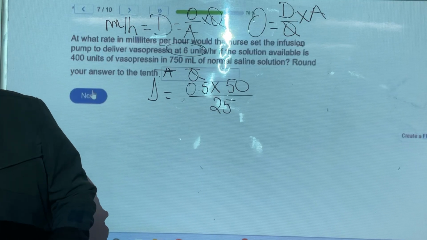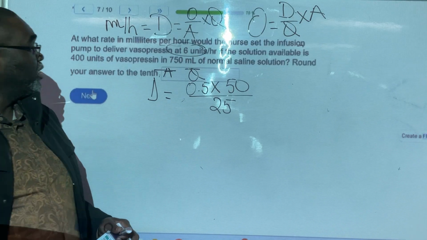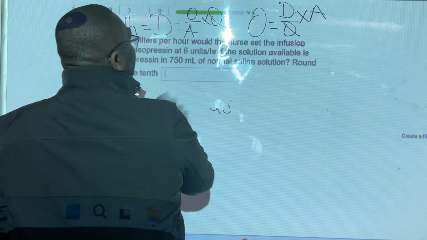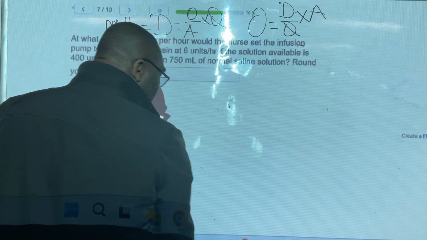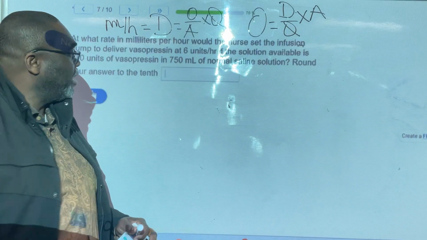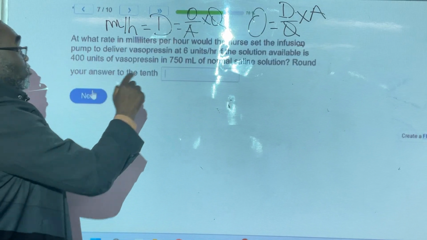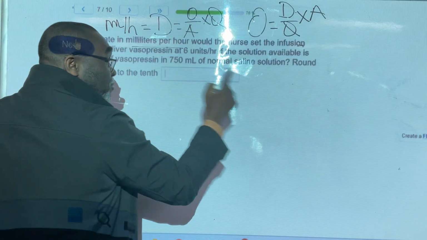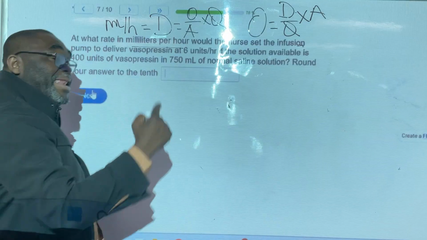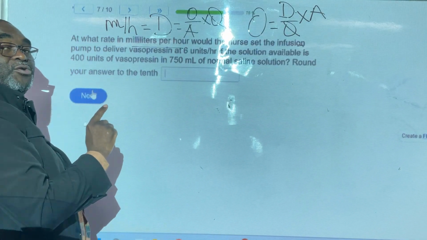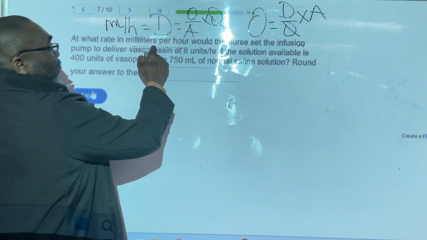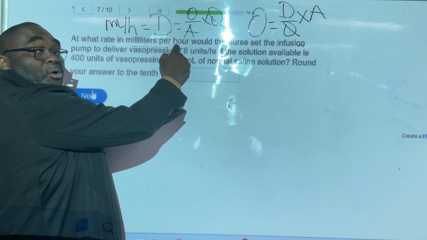So now we are on number 7. All right? So let's see what we're looking for here. Right here, how many milliliter per hour? It means we are still looking for dosage. Anytime you see milliliter per hour, not just per hour, you're looking for dosage. Be careful of that word before per hour.